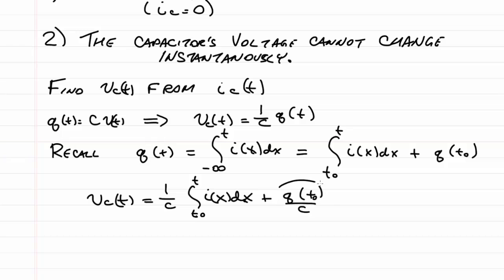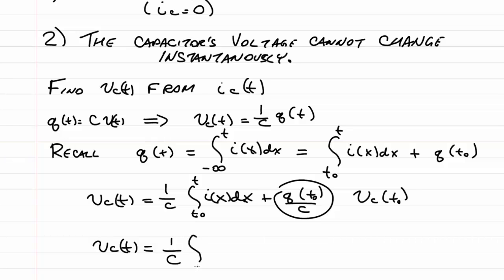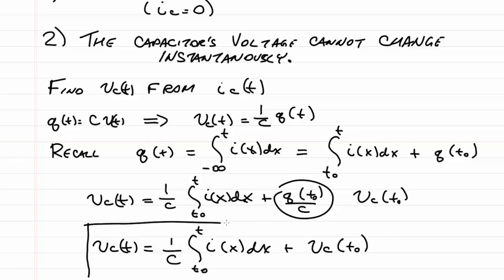If we recognize this last term here as simply the capacitor voltage at our initial time, we can rewrite the voltage across the capacitor as a function of time in the following form. We'll have 1 over C times the integral from our start time t0 to the desired time of the current through the capacitor, plus the initial charge or voltage on the capacitor at the start of the integration interval.